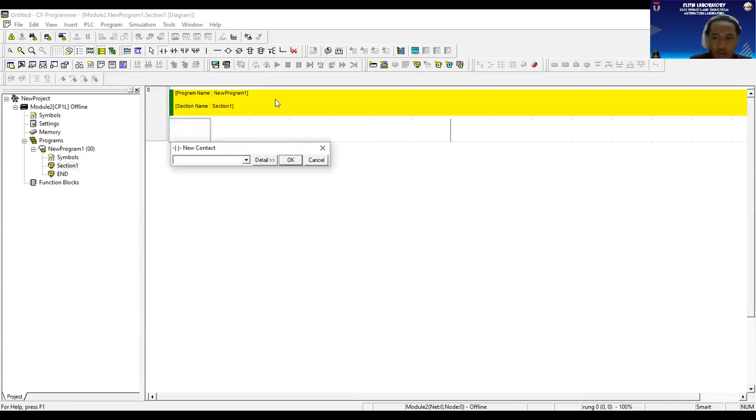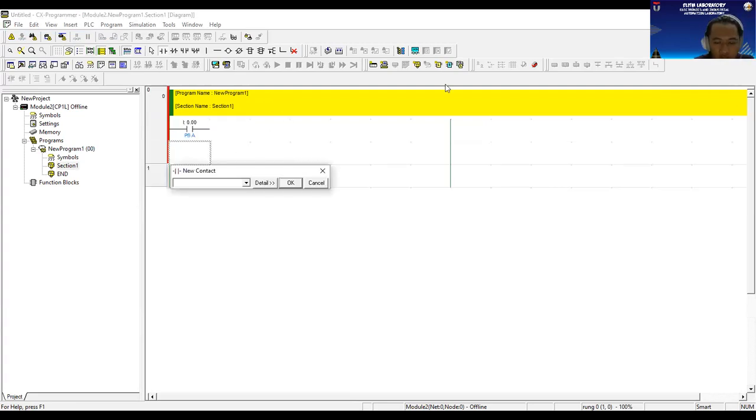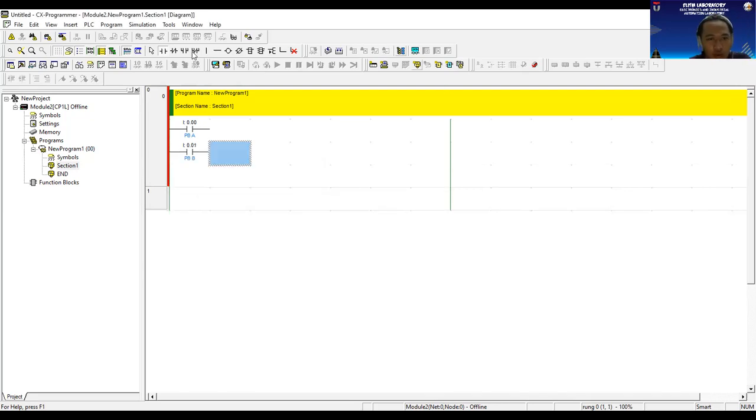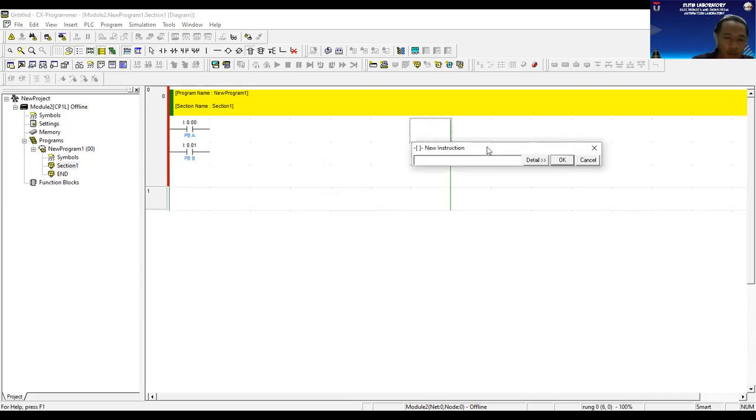For the first, we go to the instruction KEEP. The first is a push button, and the second is also a push button. So we can use the instruction KEEP.